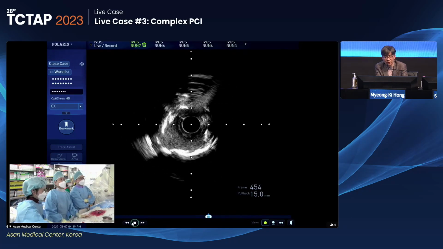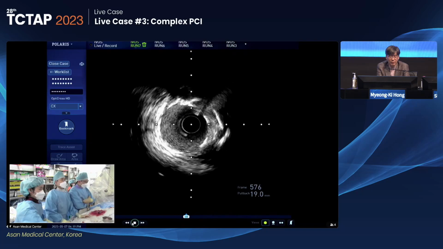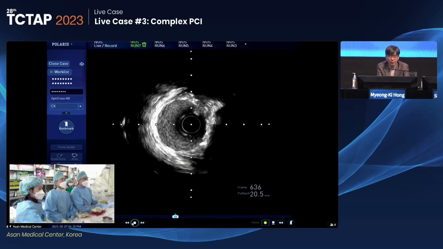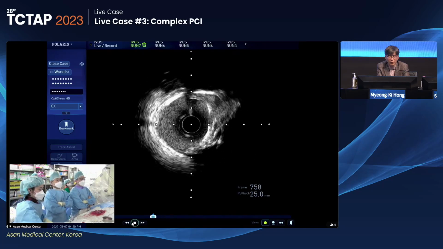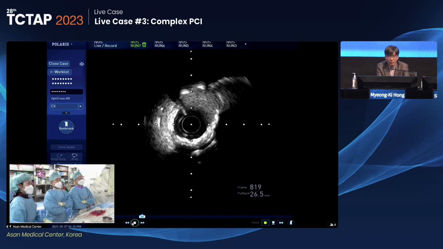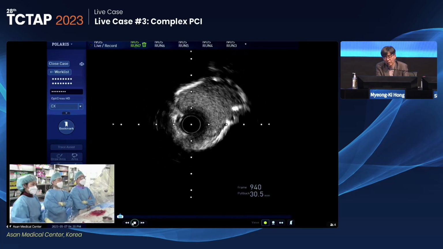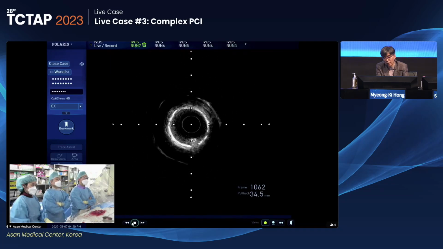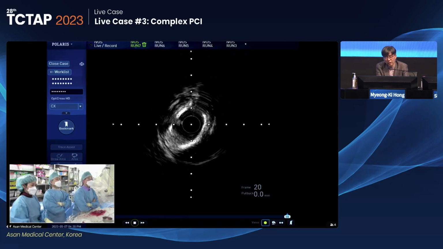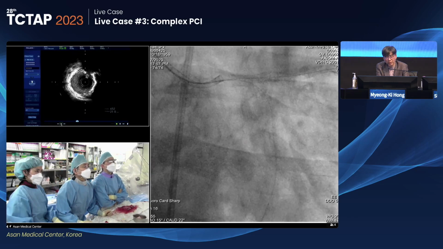Okay. The patient suffers chest pain, so give some pain medication. Here's the ostium. I have some suspicion at the 1 or 2 o'clock in the ostium of the circumflex.